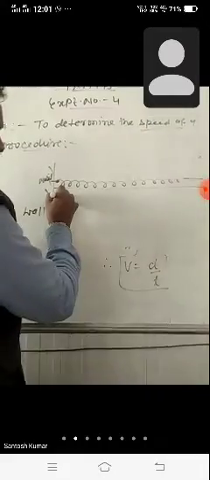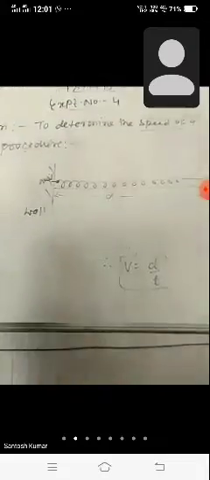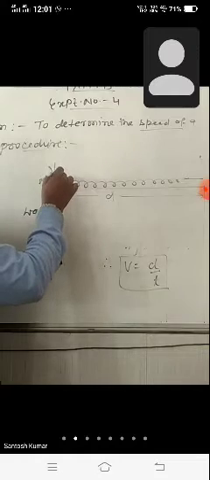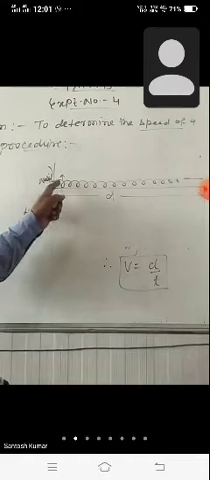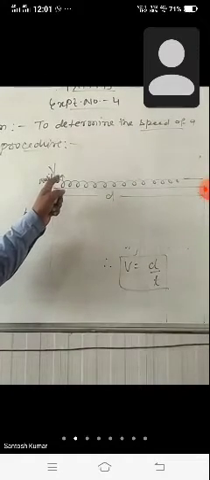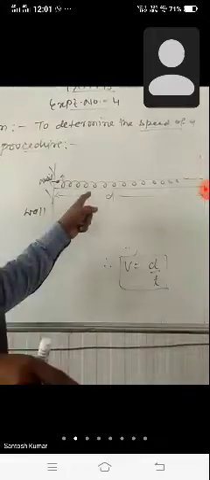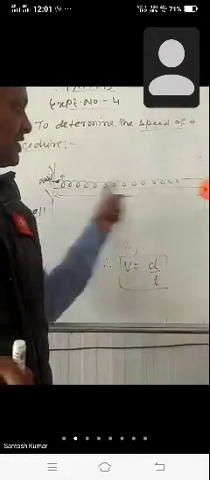So this is the distance d, and when the pulse is created at one end, the stopwatch will be on. When it reaches here, the stopwatch will be off. The time is noted with the help of the stopwatch, and by measuring the length of this stretched slinky.